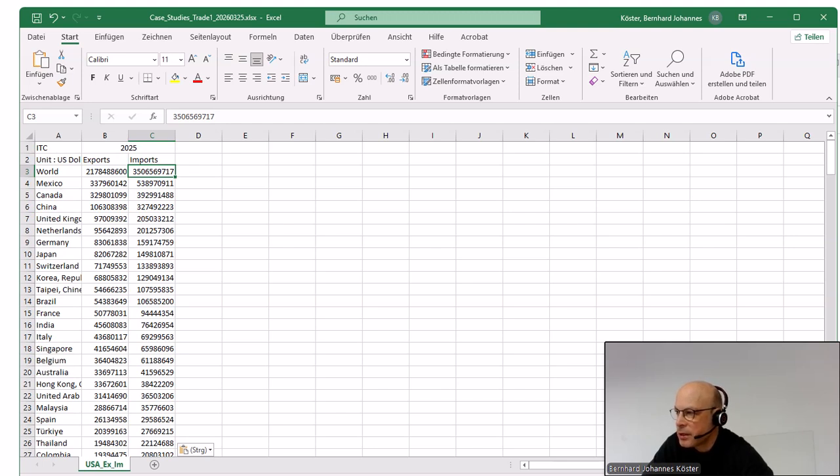But the funny thing was, his argument that he wants to have a trade balance with every country, there are also some countries where the United States has a positive trade balance. So exports are larger than imports. And there he said, just, well, let's change nothing.